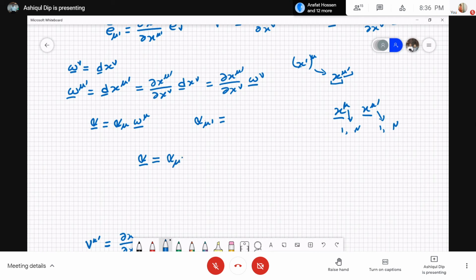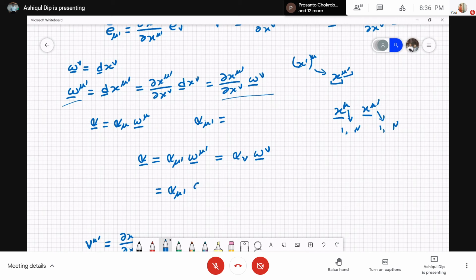So in the newer coordinate, it's α_μ′ ω^μ′, and in the older coordinate it was α_ν ω^ν. But ω^μ′ in the new coordinate is what we just derived, so we can substitute.